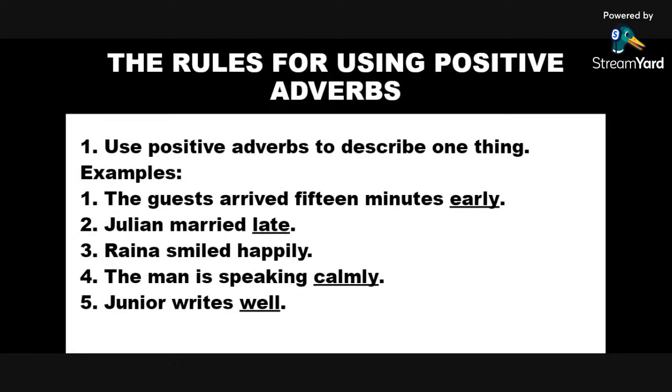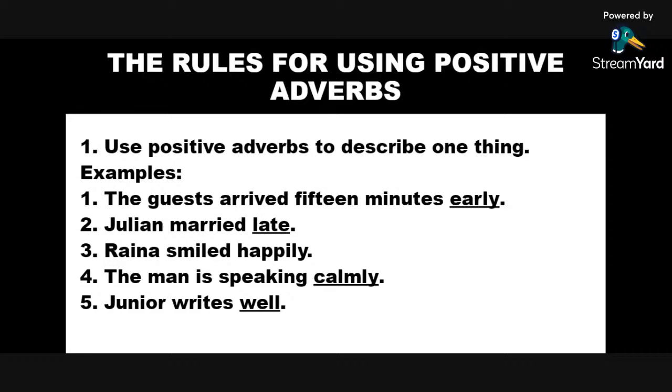And then let's look at the rules for using positive adverbs. The rule is simple. Use positive adverbs to describe one thing. For example, the guests arrived 15 minutes early. Now, the word early is the adverb describing, excuse me, the arrival of the guests.